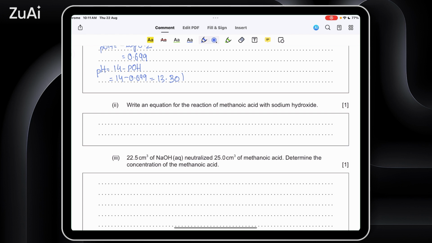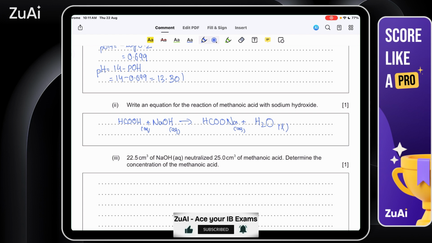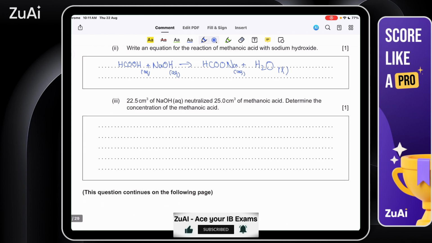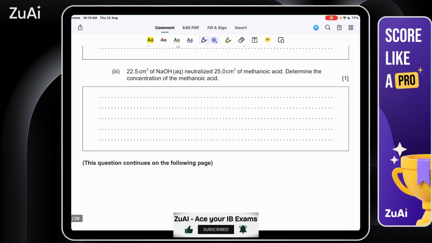Equation for the reaction of methanoic acid. That's so easy. Methanoic acid is HCOOH. It reacts with sodium hydroxide to form sodium methanoate, HCOONa, plus H2O, liquid. Now we have to determine the concentration.